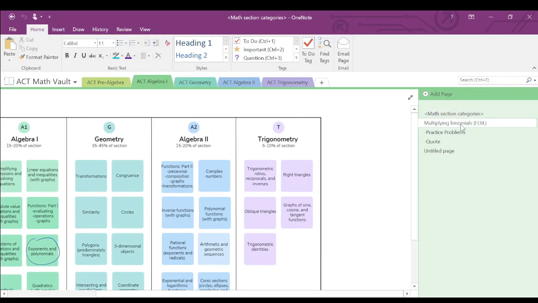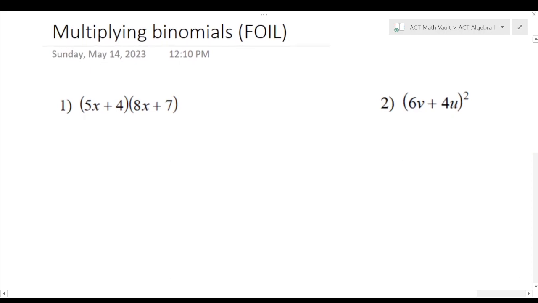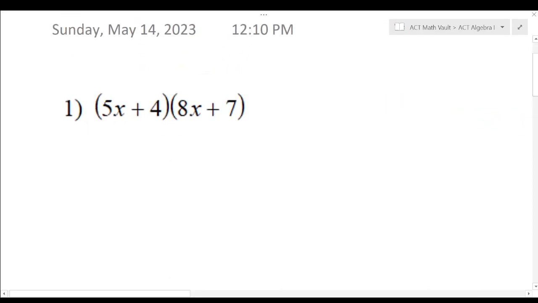All right, so let's dive in. I want you to think about this first problem as just 4 separate pieces. So we have a 5x, a 4, an 8x, and a 7. FOIL really is just grouping this first term with both terms in the other binomial, and then this second term with both terms in the other binomial.